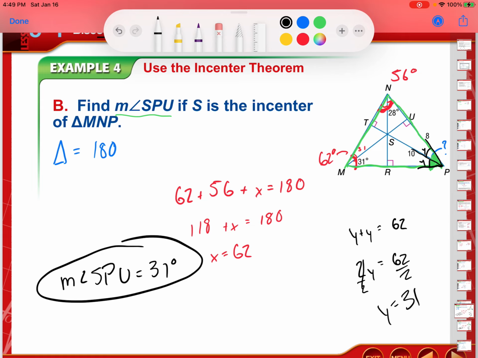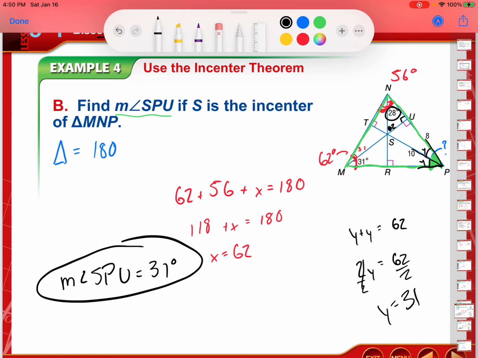All right, I know that was a very involved problem. And to be fair, that was really just one of the ways you could solve it. There are a couple other ways, but just an example of another way, we know this right here is 28. We know that's 90. So we could find out that this angle right here is, what would it be? 62.